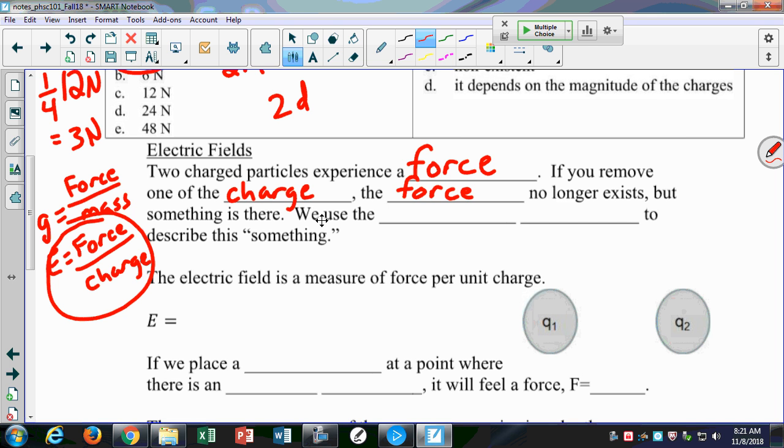You can't have a force without two bodies. But something is still there. We still have the possibility of having a force. If we were to bring in another charge, then we would feel that force again. So we need some way to describe what is there. There is something there when you just have a single charge. And so we use the electric field to describe this something.